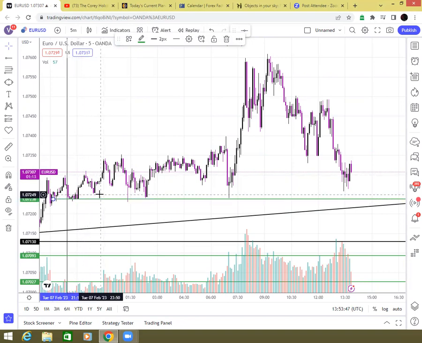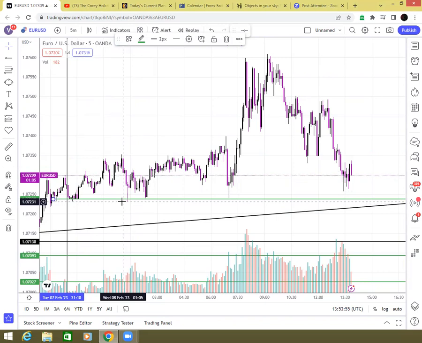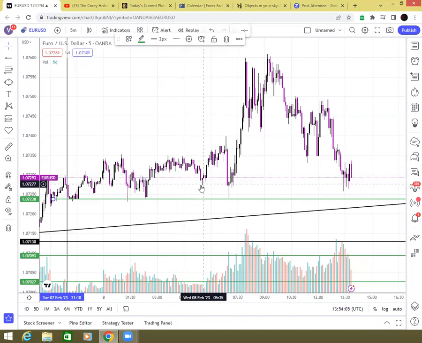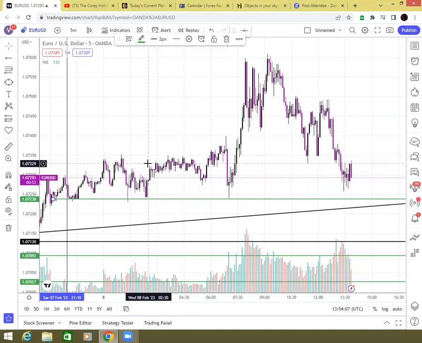As we move along, you see right here, it broke it a little bit, but nothing heavy. And as we proceed, we continue to consolidate, but the range begins to expand.